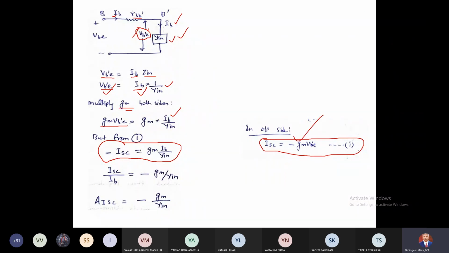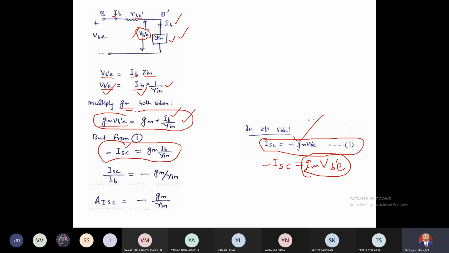Okay. So ISC is this, or you can write it as minus ISC. Here I have written this, and gmVB'E is this.